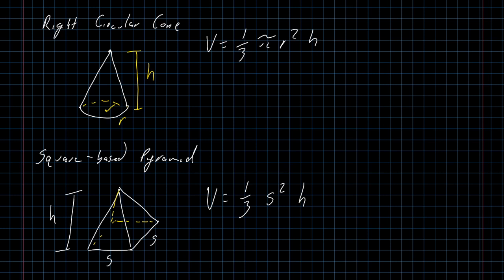And okay, when we talked about a rectangular prism, we had a generically rectangle base. But if the length and width of the prism were both s, then length times width would be s squared, and the volume would be s squared times h. And then because it goes to a point instead of going up in straight walls, we have a factor of 1/3.